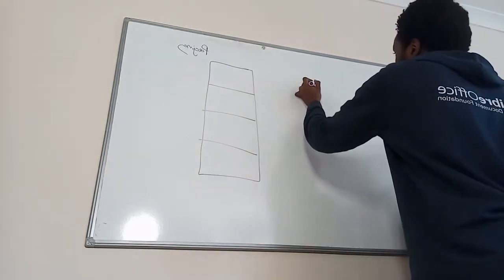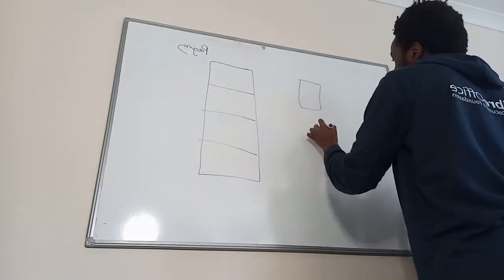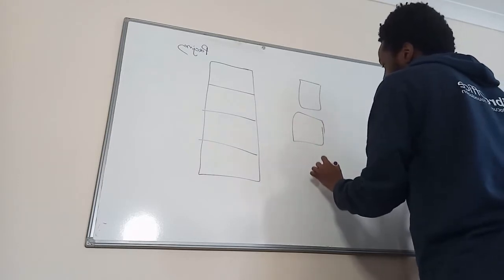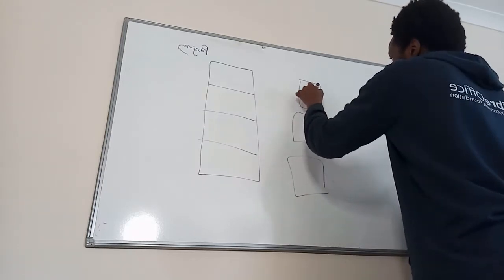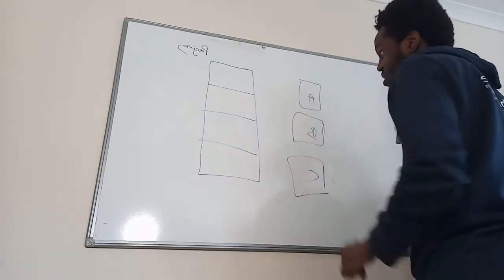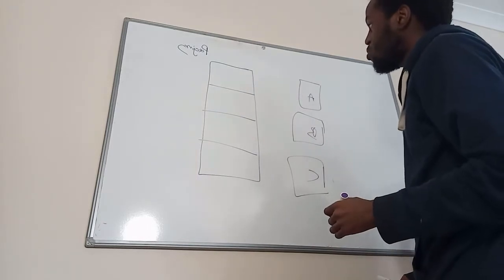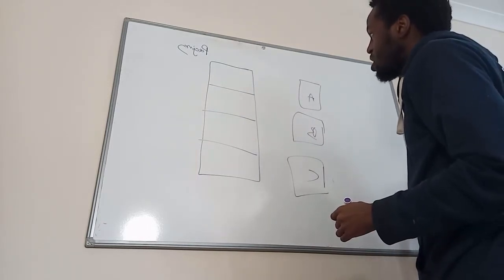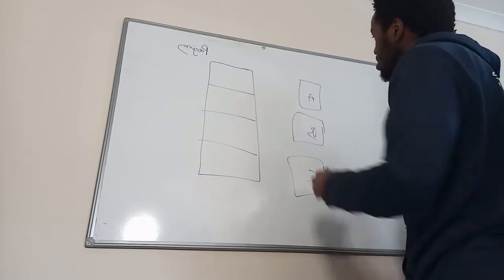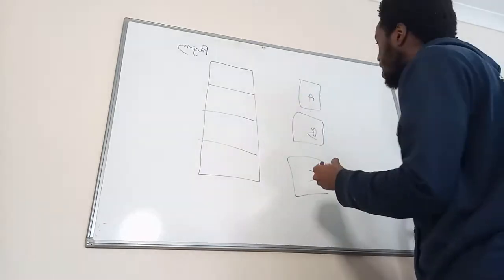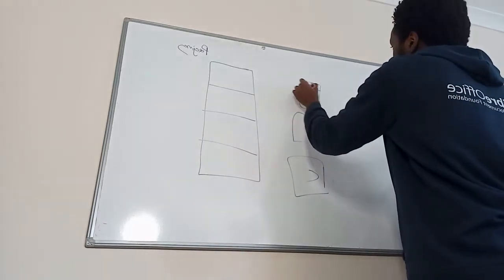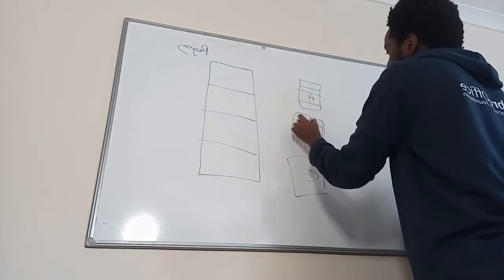And then we have processes, process A, B, and C. And then what we do now is ensure that these processes themselves can be split up into particular sections.